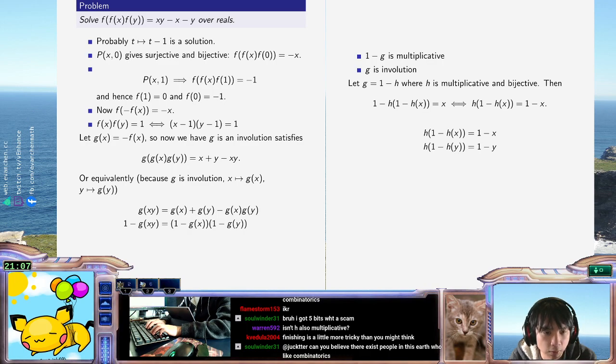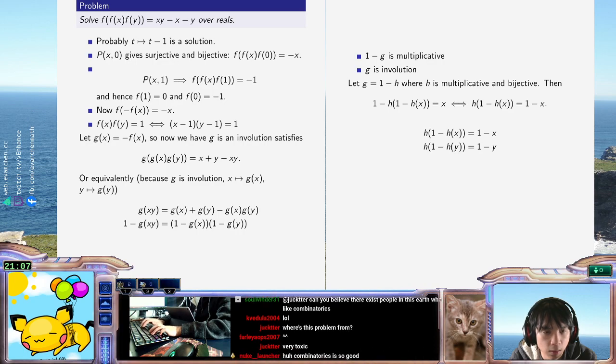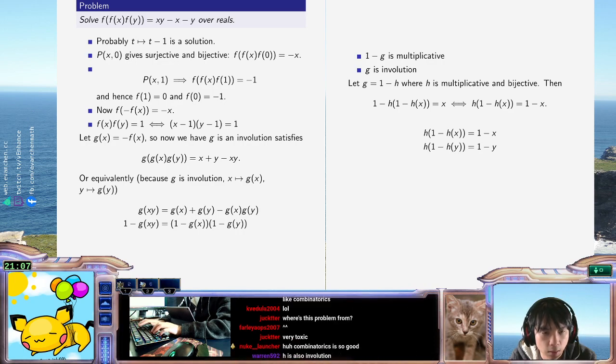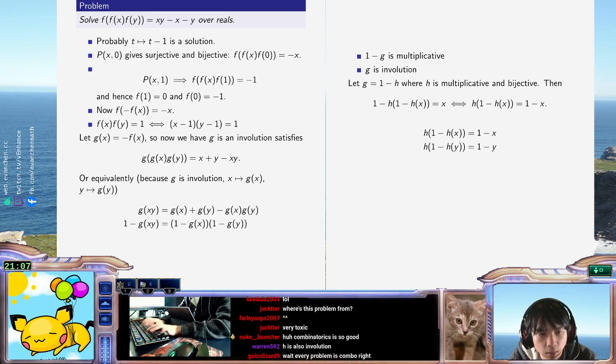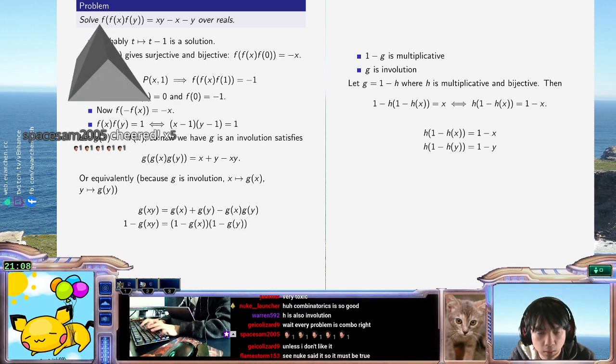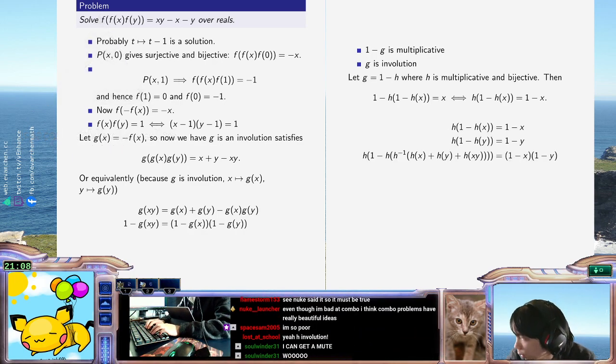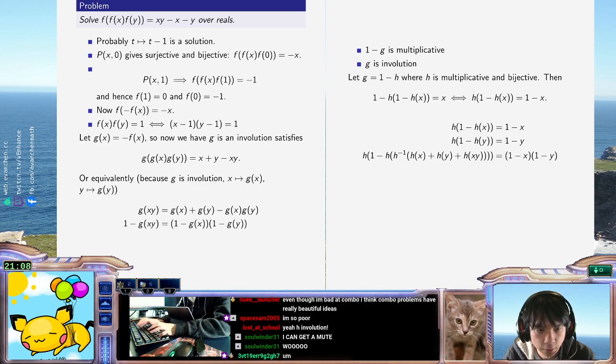Yeah, h is multiplicative. So multiply these together and I'll get a thing. This is also equal to h inverse of hx plus hy plus h of xy.